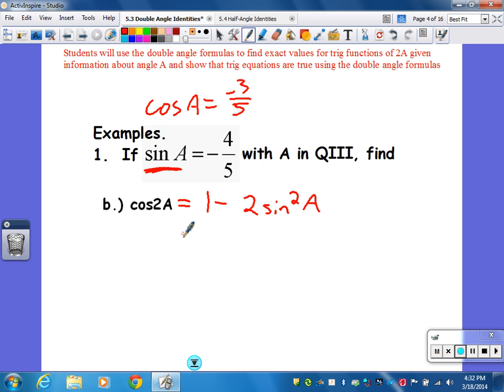Well, I'm just going to plug in my sine A. So I have 1 minus 2 times negative 4/5 squared. All right, so now it's just do the math and solve. So we have 1 minus 2 times 16/25ths.